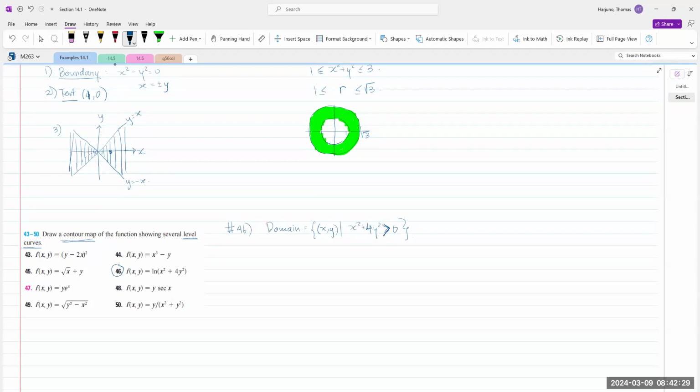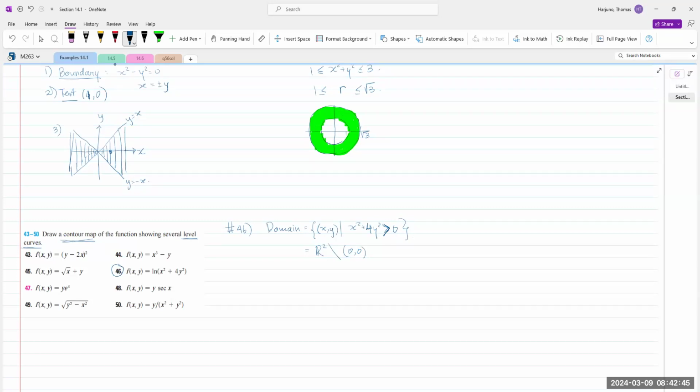In other words, it's basically the whole plane except the coordinate 0, 0. Is it right? If you think about it, everything's okay except 0, 0.